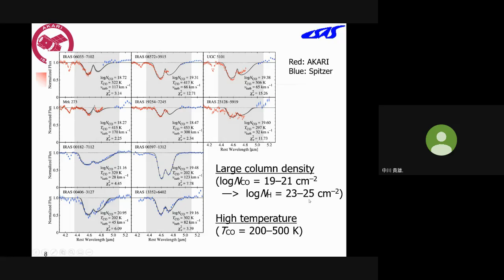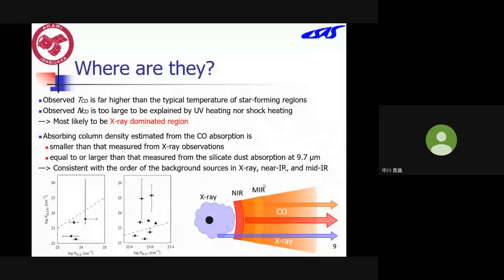The carbon monoxide column density is on the order of 10 to the 19th to 21st, which corresponds to a hydrogen column density of 10 to the 23rd to 25th, which is really, really high. If it's ionized, it is completely Compton-thick. So we have detected a very large column density of hot components. And where is it from?